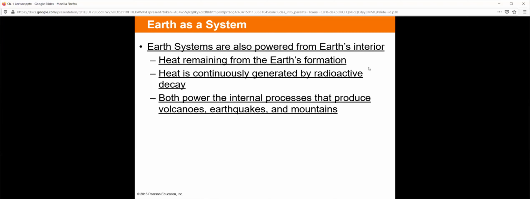Underneath your feet right now is a massive radioactive ball of molten metal. And that's pretty sweet. This is a good XKCD comic about that, if you read them at all. Both power the internal processes that produce volcanoes, earthquakes, mountains. When we get into igneous and metamorphic rocks, I'll explain this stuff more in detail.